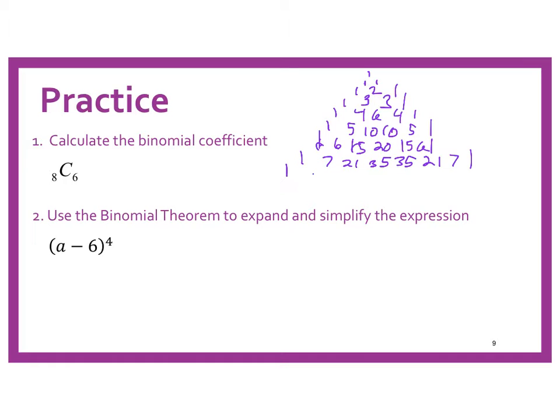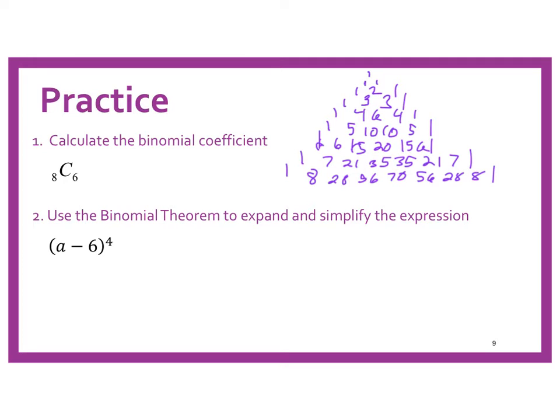Now my 8th row: 1, 8. 7 and 21 is 28. 21 and 35 is 56. 35 and 35 is 70. And then 56, 28, 8, 1.